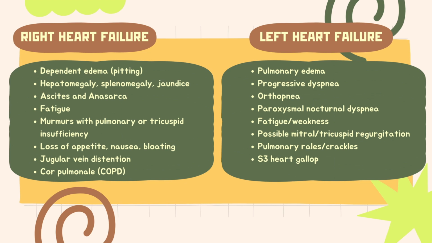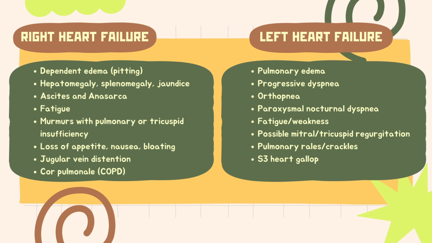Ascites is a buildup of fluid in the abdomen, and anasarca is just generalized swelling. They'll have fatigue, murmurs with pulmonary or tricuspid insufficiency, and then loss of appetite, nausea, bloating, jugular vein distension, and cor pulmonale, or right heart failure due to COPD. Left heart failure is the most common cause of right heart failure.